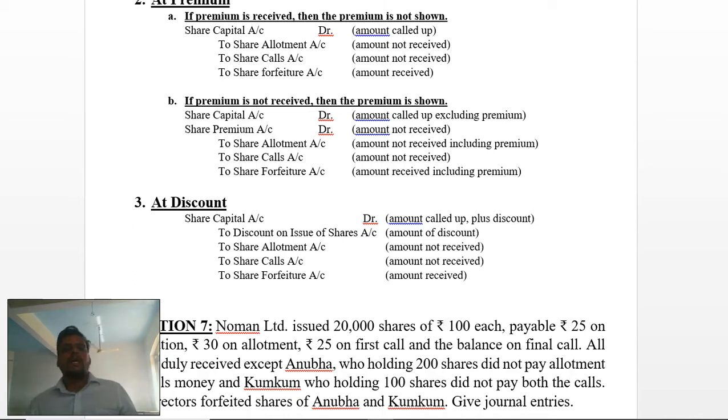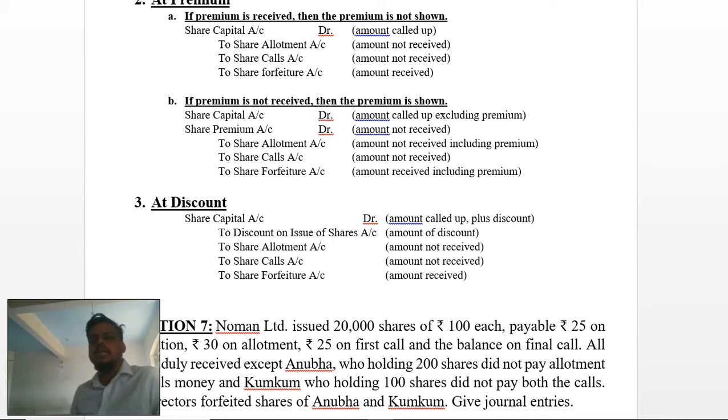As the discount has been given by the organization to shareholders, the discount entry will always be there. The amount you have given as discount has to be mentioned here. The entry will be: share capital account debit, discount on issue of shares account debit, to share allotment, to share calls account, to share forfeiture account. These entries have to be entered.